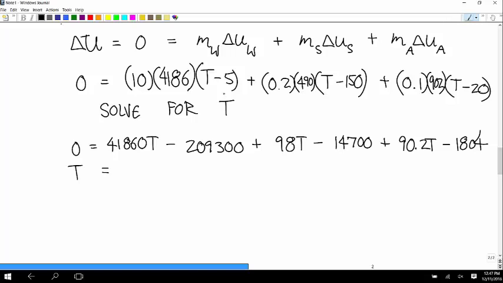Okay, 5.37. Yeah, that makes sense because you have a ton of water and not very much of the other stuff. So 5.37 degrees Celsius, just a little warmer than the water starts.